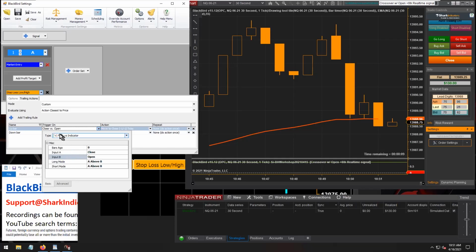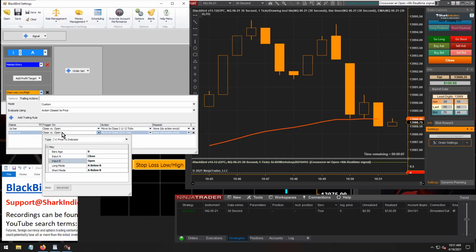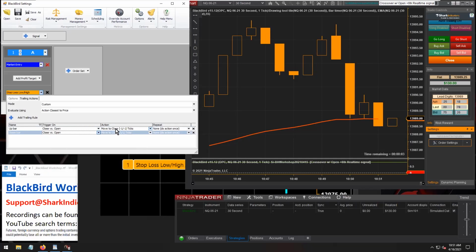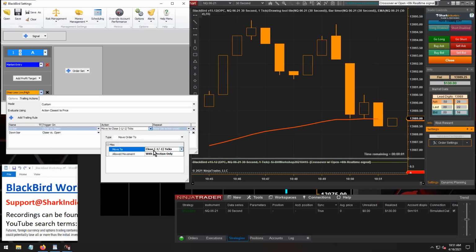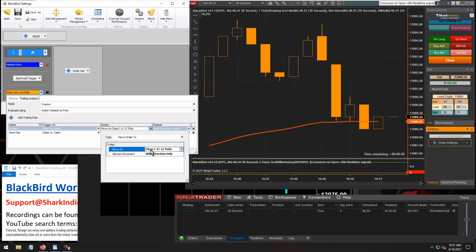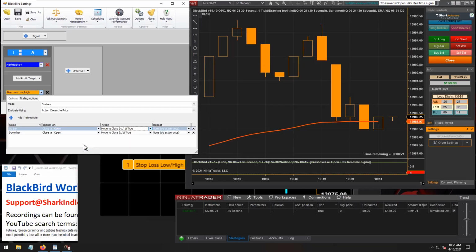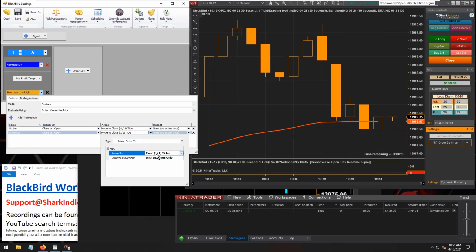So two trigger rules set differently, and then the action is to take that closing price and either subtract a tick from the closing price or add a tick to the closing price, depending on whether it's an up bar or a down bar. All right, so that's a summary of basically what we did there.